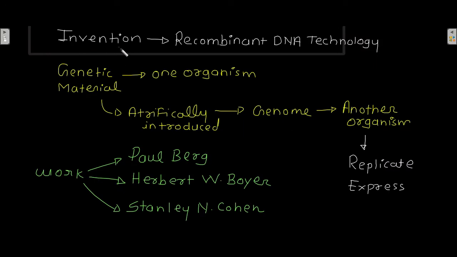Now, the invention of recombinant DNA technology, which involves the artificial introduction of genetic material of an organism into the genome of another organism, and that other organism then replicates and expresses that artificially introduced genetic material, is largely contributed by the work of Paul Berg, Herbert W. Boyer and Stanley N. Cohen.